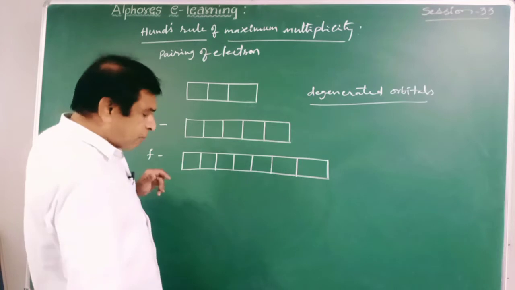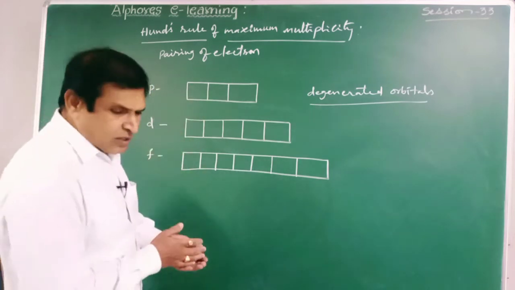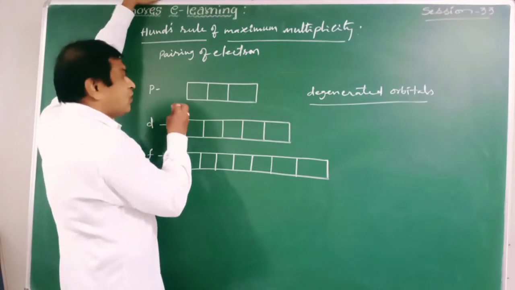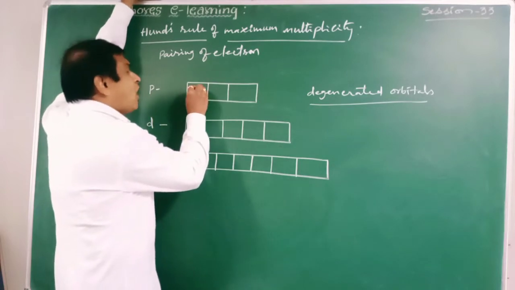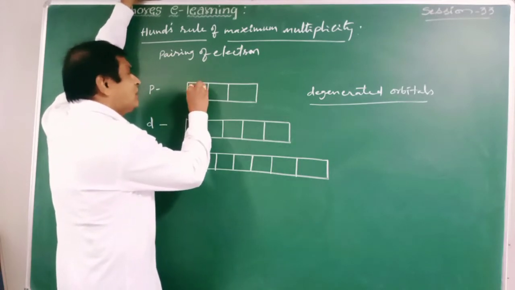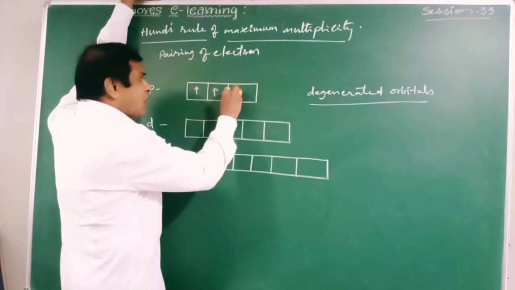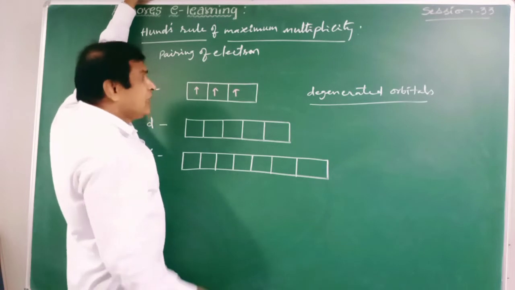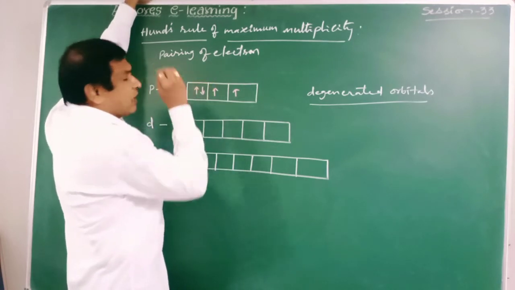Now, in these degenerate orbitals, how does pairing start? Pairing of electrons takes place after all the degenerate orbitals are filled with one electron each. Then pairing starts with the fourth electron in p orbitals.